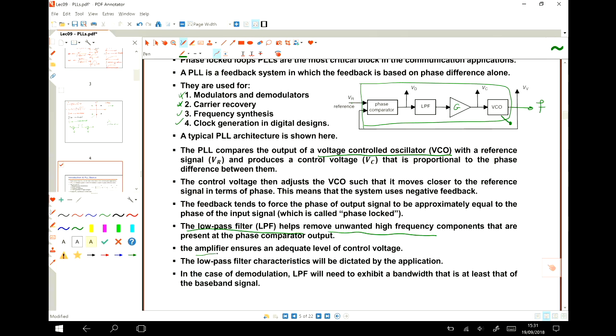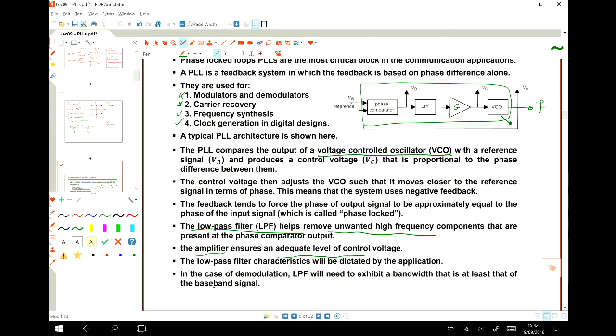And the amplifier is for achieving the adequate level of voltage for this VCO, because if the gain of this loop is not enough, then it does not get locked. So we should make sure that the gain of the loop is enough, and we will see this.